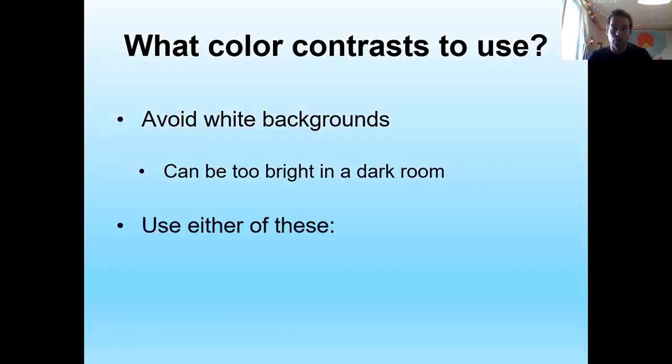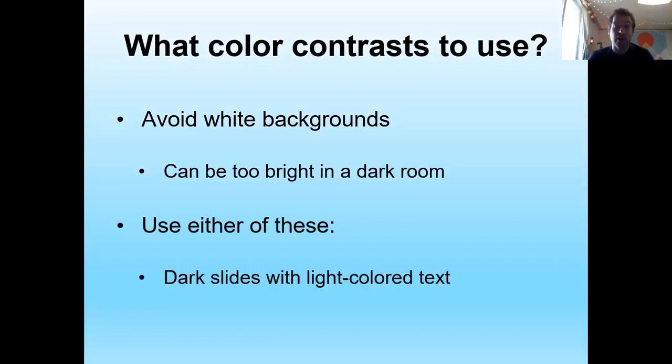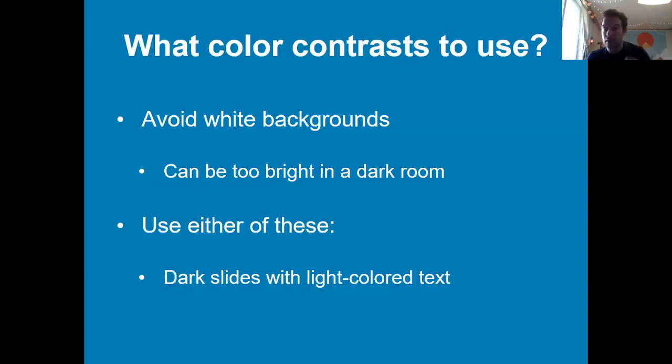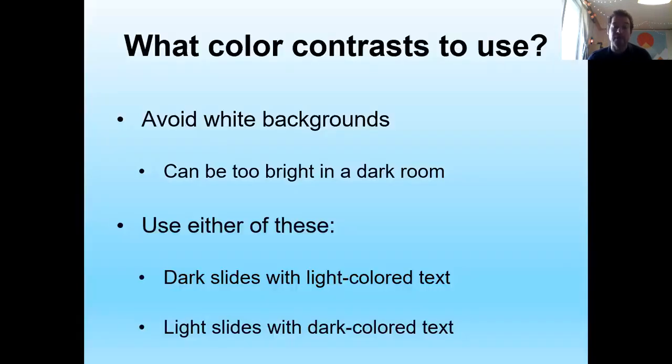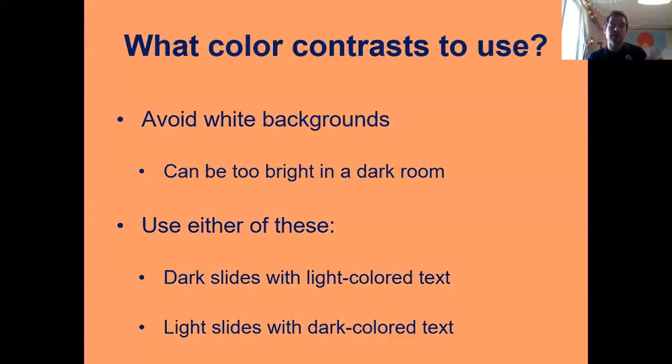Here are two combinations that work very well. Dark slides with light colored text, so dark backgrounds, light colored text, or the opposite: light slides, light backgrounds with dark colored text, such as that. Either combination works well, and it's easy on the eyes to read and to look at.